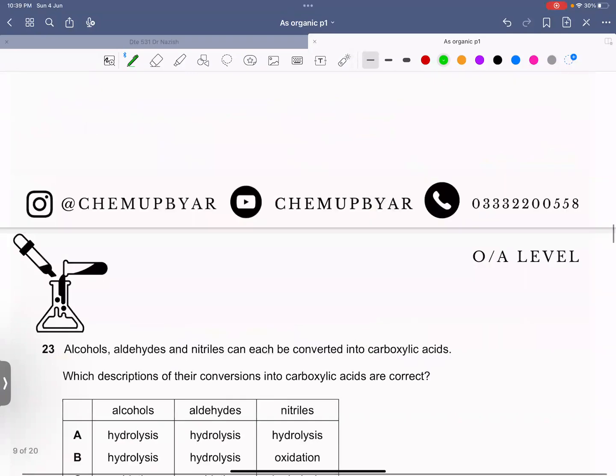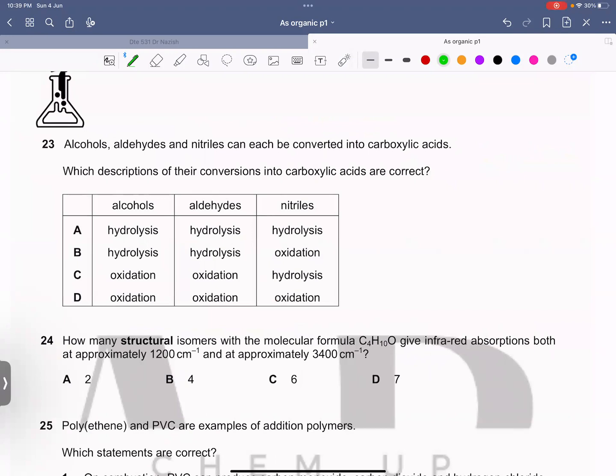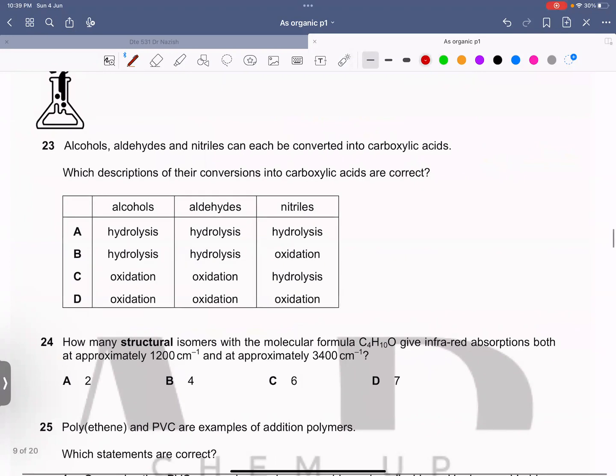Now, question number 23. Alcohols, aldehydes, and nitriles can each be converted into carboxylic acid. Which description of their conversion into carboxylic acid is correct?